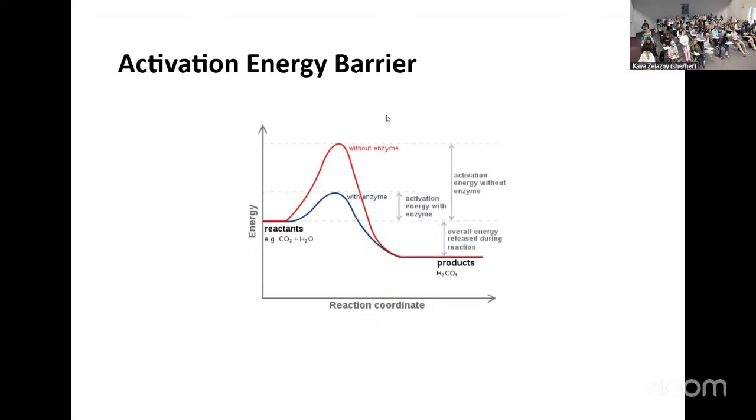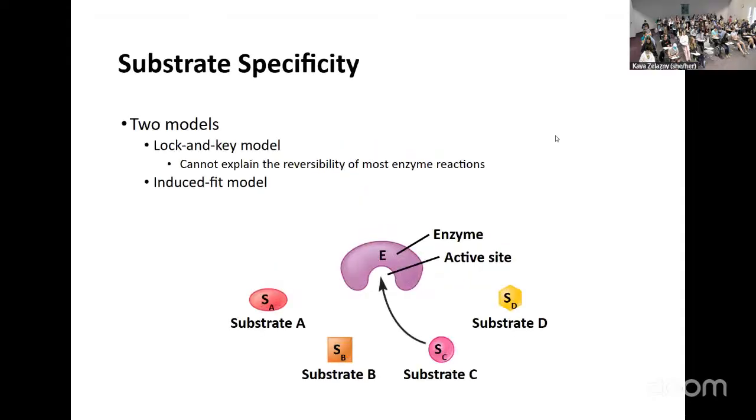So here's a picture in general with all this stuff labeled out, a little prettier than mine. You get the idea. So big activation energy without an enzyme. When we add in an enzyme, this gets a little faster. And this is good from a cellular perspective because we want to be able to control rates of reaction. So you can control the rate of reaction by adding more enzyme or by taking more enzyme away.